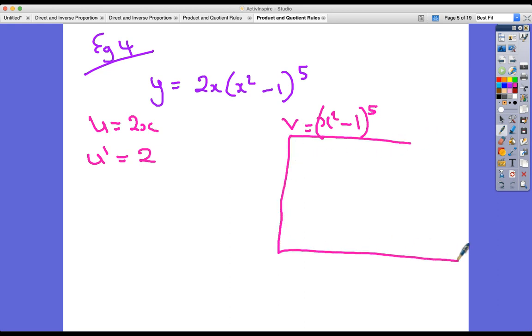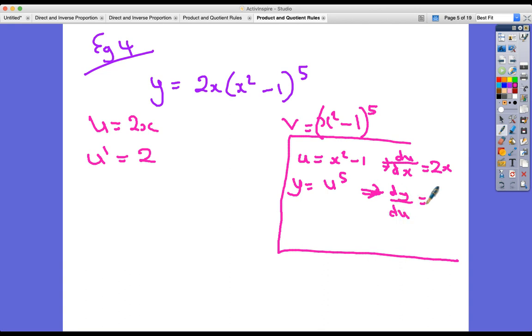Now this one I'm going to have to think about as if I was doing a separate chain rule example. The function within the function is x squared minus 1, and so y, if we write that in terms of u, is u to the power of 5. Here, du by dx would be equal to 2x, and dy by du is equal to 5u to the power of 4.